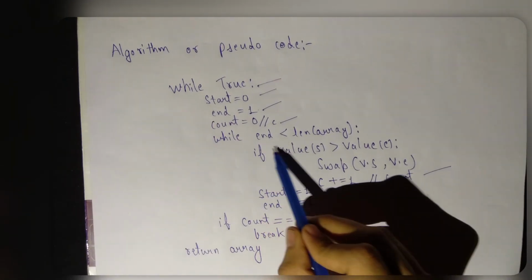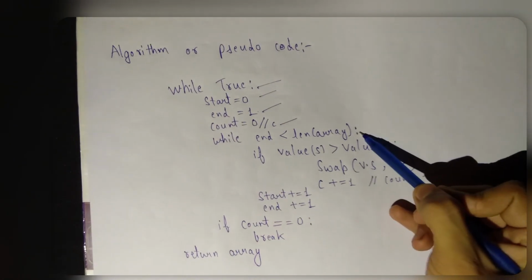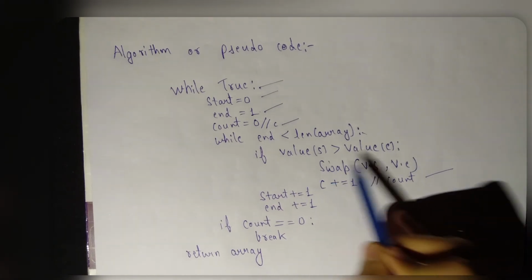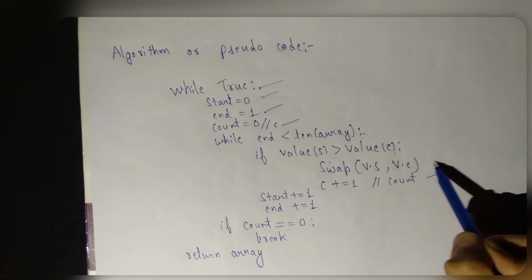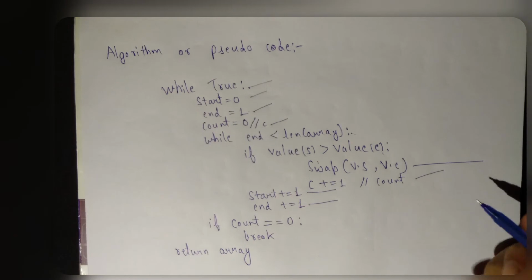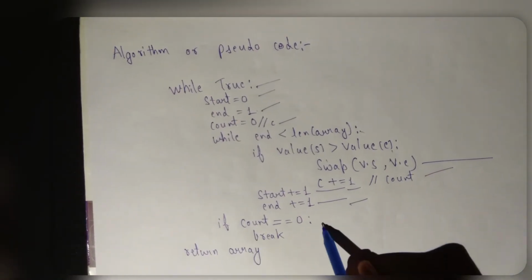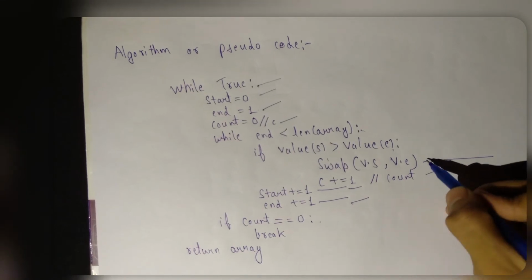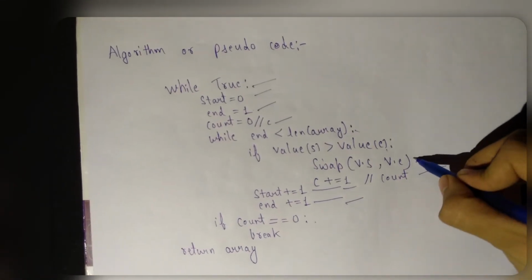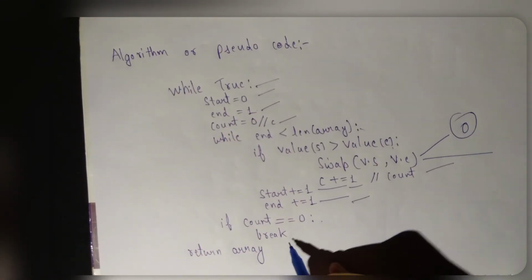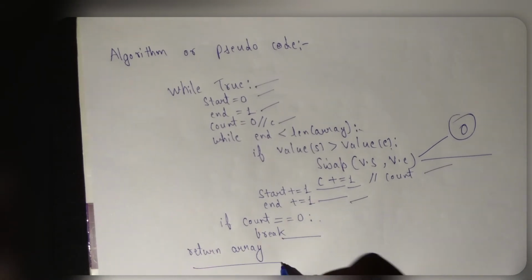Then while end is less than the length of array, if value at s is greater than value at e, then the swap condition will be executed. Also, we'll increment the start and end. Then if the count is 0, that is when our swap condition executed 0 times, we'll break the loop and hence we'll return our array.